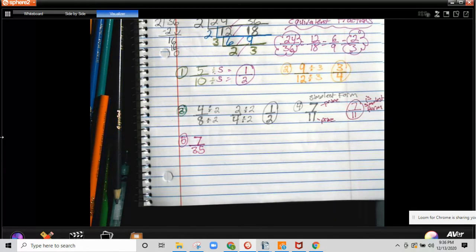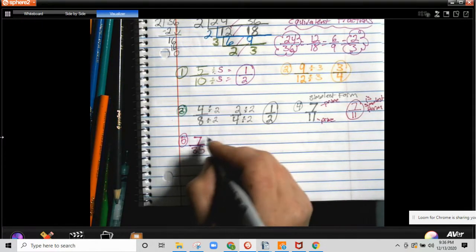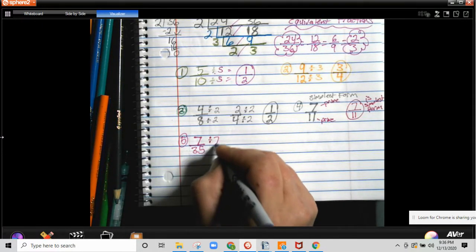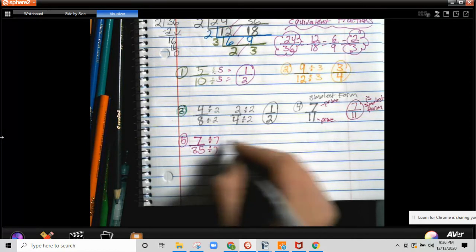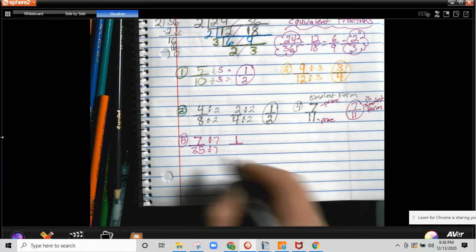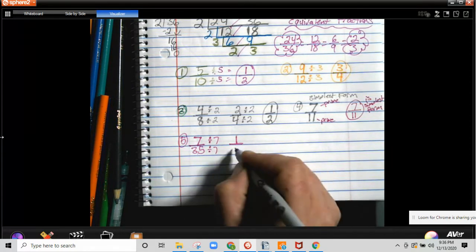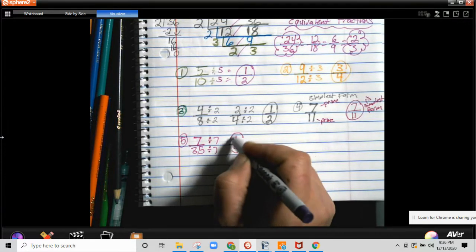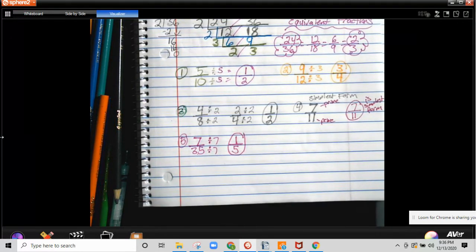So now you just got to think to yourself, how many times is 7 going into 35? So I'm going to divide them both by 7. 7 goes into 7 once. 35 divided by 7, I know that is 5. My answer right there, 1/5. Pretty cool, huh?